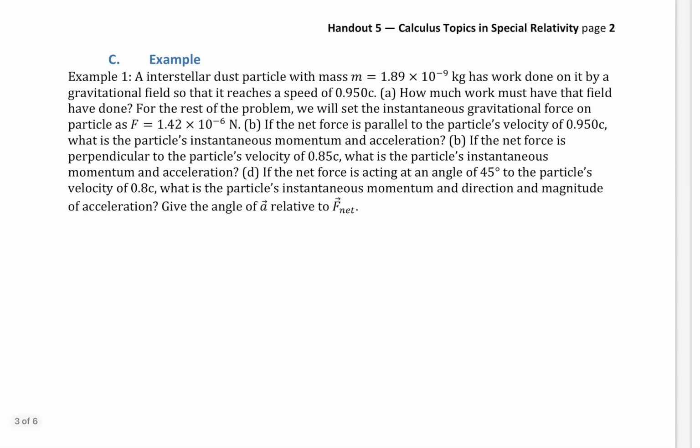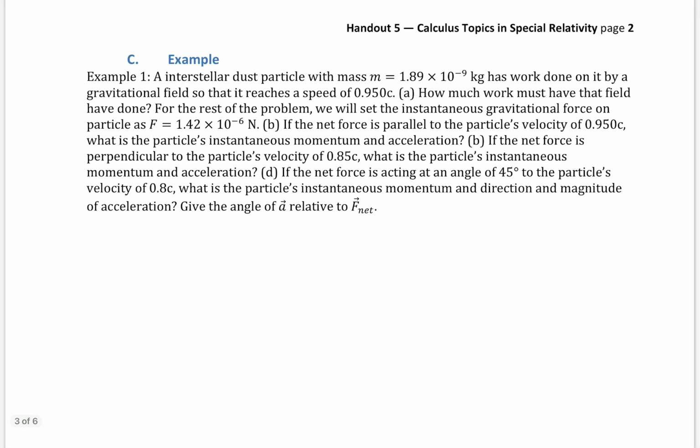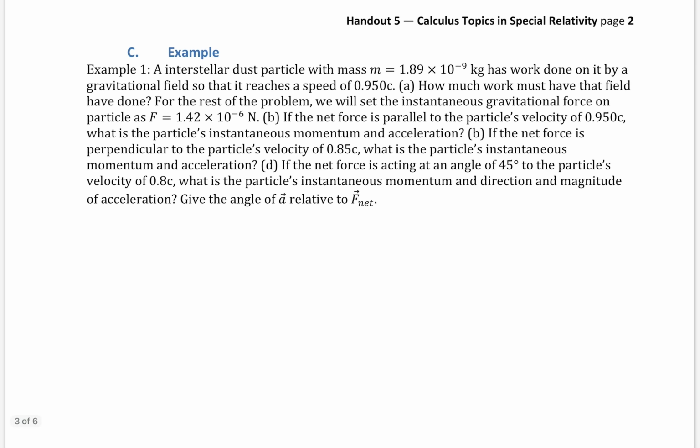The first of the two examples that we're going to go over is one involving a certain small mass. We're told that we have a mass of 1.89 times 10 to the negative 9 kilograms, and that we're going to bring this mass up to a final speed which is 95% the speed of light, so 0.95 c.